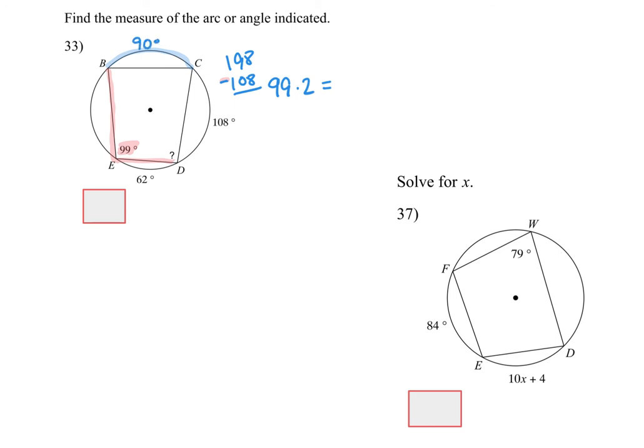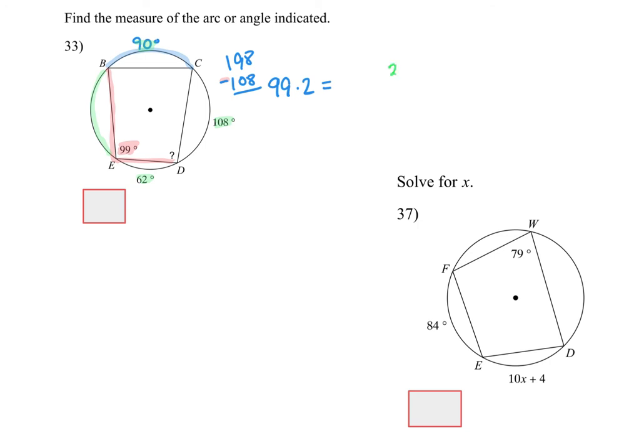What else does that help me with? I can also find this last piece of this puzzle, can't I? Why does that help me find that piece? Because I have almost the whole circle. I have 62, 108, and 90. Yes? So how do I find that last piece of the circle? Yeah, add them all together.